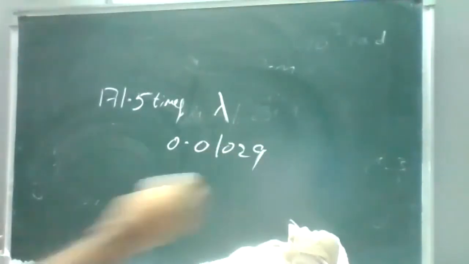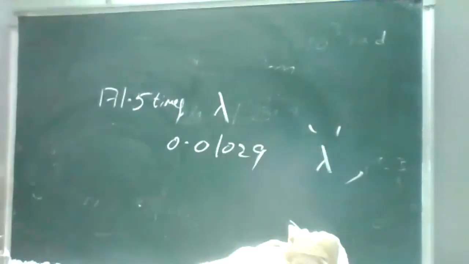If the path difference is 0.01029 centimeters, find the wavelength lambda.